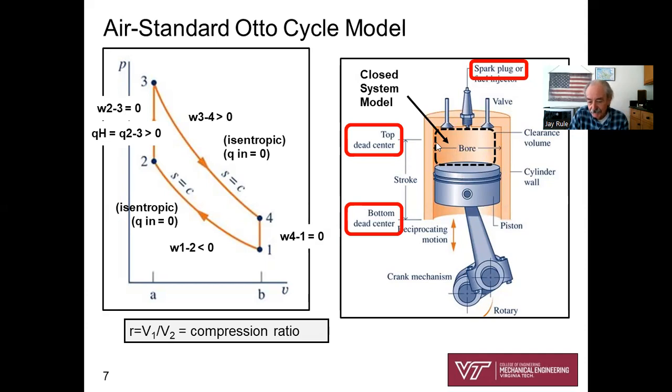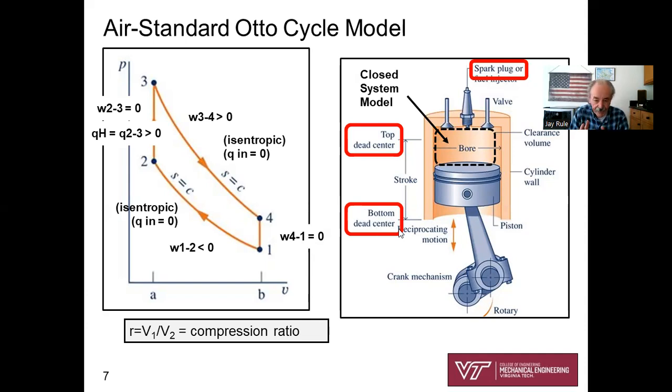That's when the piston reaches its maximum travel. That would be the minimum volume of air inside our system. Bottom dead center, that's where the piston is as far as possible removed from the top of the cylinder. That's where the volume is a maximum.